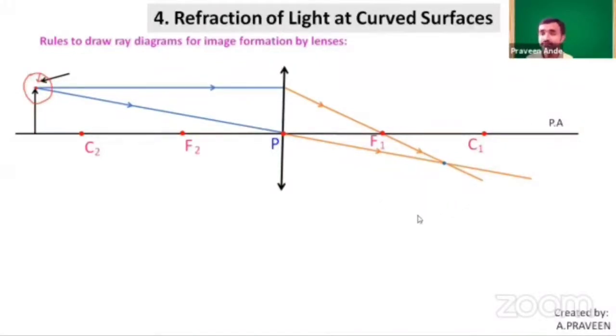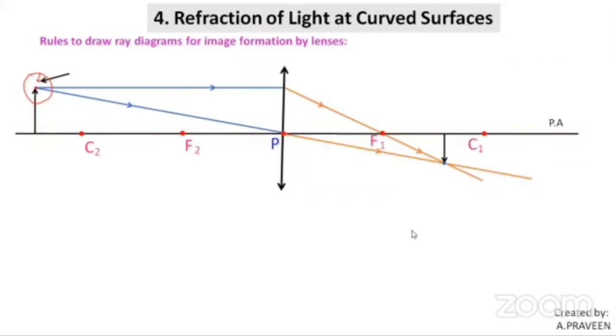Then what about the remaining? To find that, you just have to draw a perpendicular line from this point onto the principal axis as you see here. Right? So from the principal axis, you give the direction towards the point. This is the facing direction of the image.